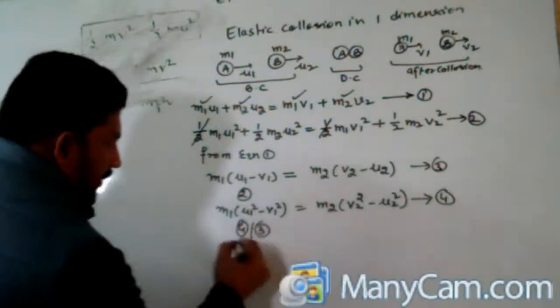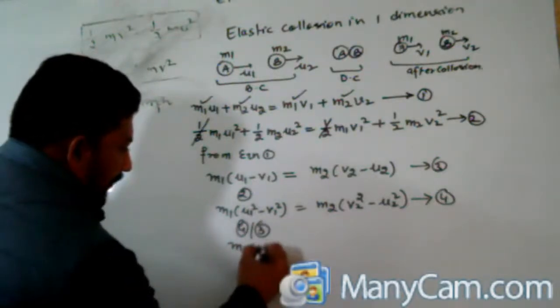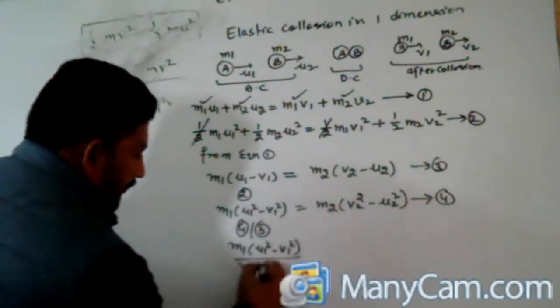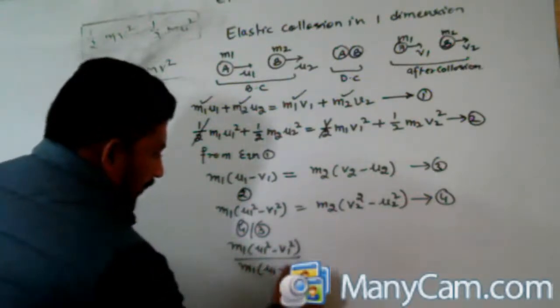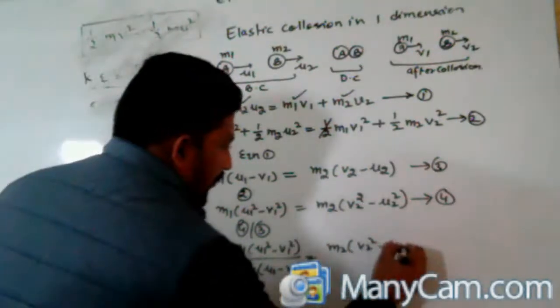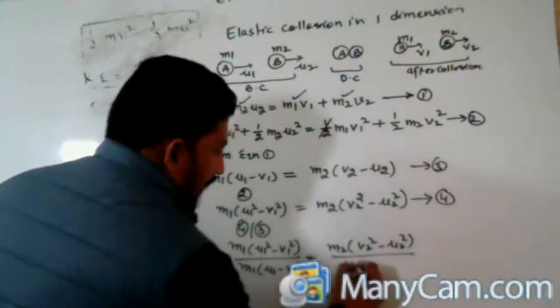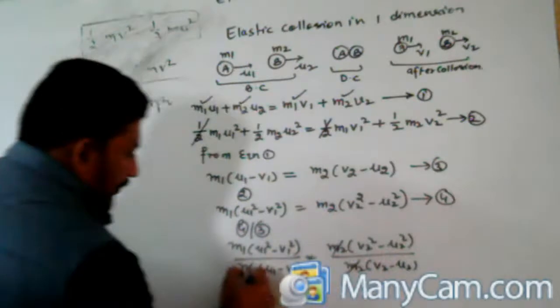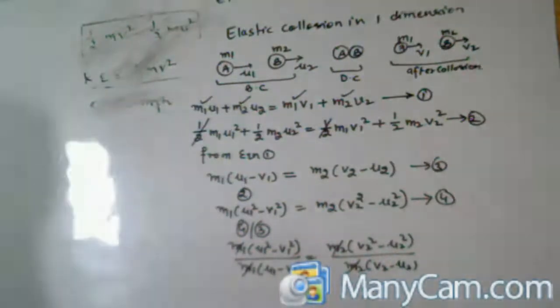4 से बेटा थर्ड को डिवाइड करना है: m1 (u1 square minus v1 square) divided by m1 (u1 minus v1) is equal to m2 (v2 square minus u2 square) divided by m2 (v2 minus u2). Now m1, m2 remain cancel out.